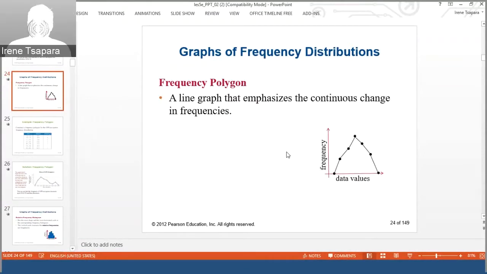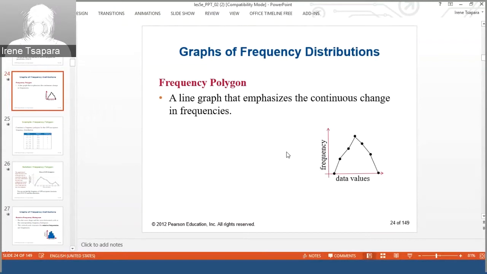As I said before, we can, and many times we do, have a histogram as a background picture, and we create curves or line graphs around that histogram. A frequency polygon is a line graph that emphasizes basically the midpoints for each one of the columns.